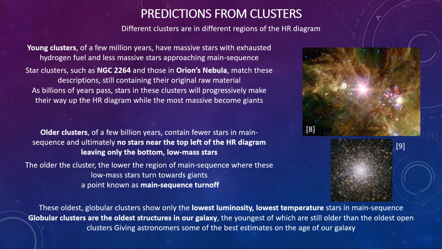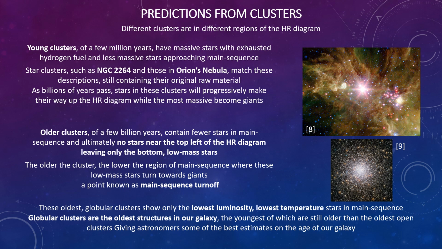And this leaves only that population of the bottom low mass stars in the cluster when you plot them on the HR diagram. The older the cluster, the lower the region of the main sequence where these low mass stars turn off towards the giant stage. And this is a point known as main sequence turnoff.